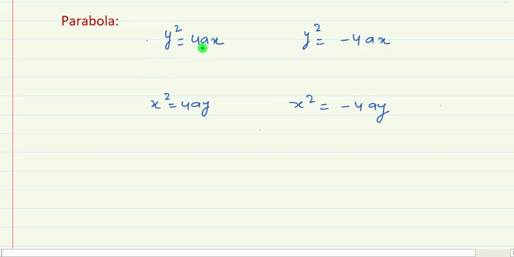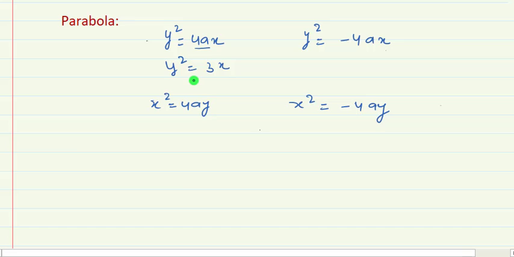You know very well that this 4a is the latus rectum of the parabola, and this is going to be a constant. So it can be given as, for example, y square is equal to 3x, or any constant in place of 4a.